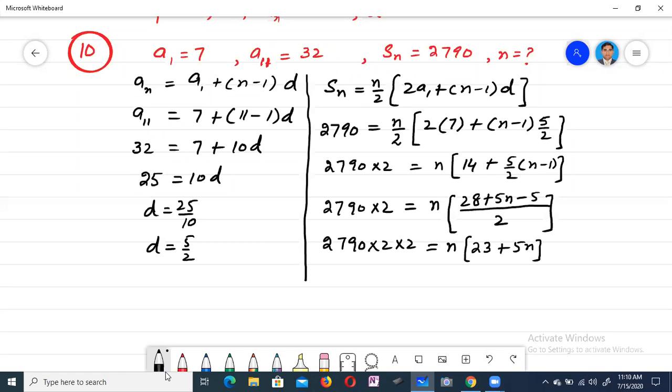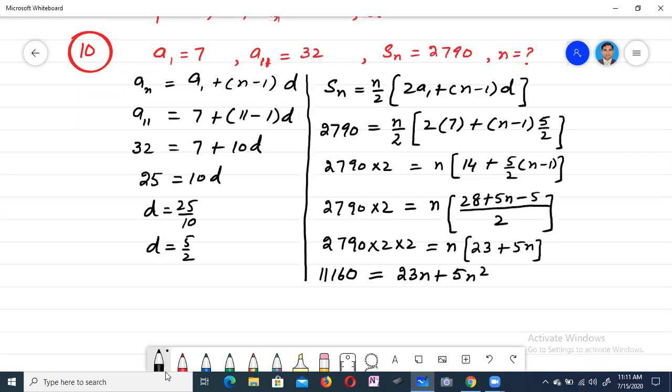Now 2790 into 2 into 2, you can use the calculator, that will be 11,160, which will be equal to n into 23 is 23n, plus n into 5n is 5n square.